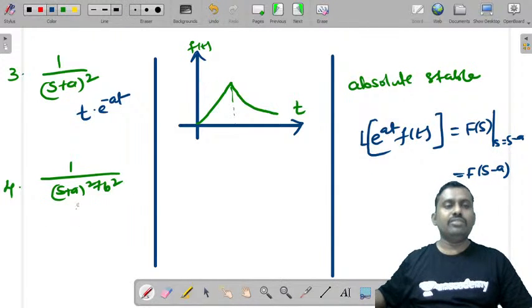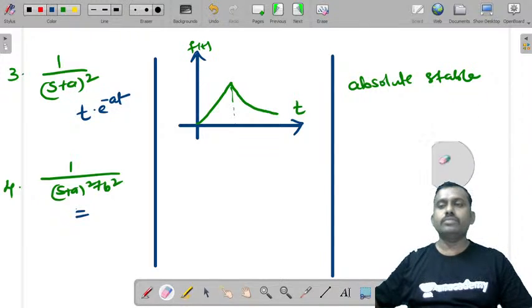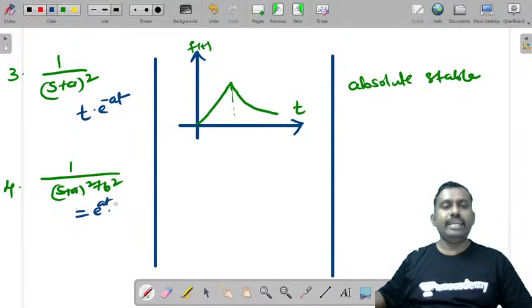The Laplace inverse of this is e power at into sin bt.